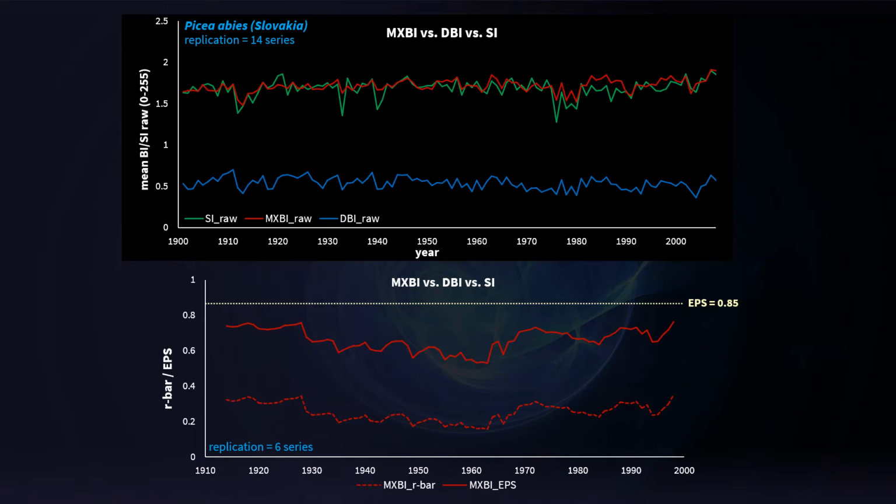Looking at the inter-series correlation and expressed population signal statistics, we see that with the R-bar, even with a relatively low replication of about 6 series, the maximum blue intensity hovers around 0.2 to 0.3 R-bar, and this is equivalent to considerably lower than the commonly used EPS threshold of 0.85.